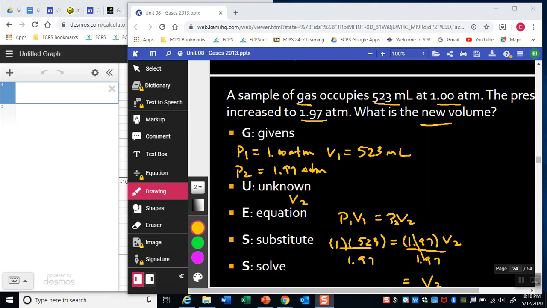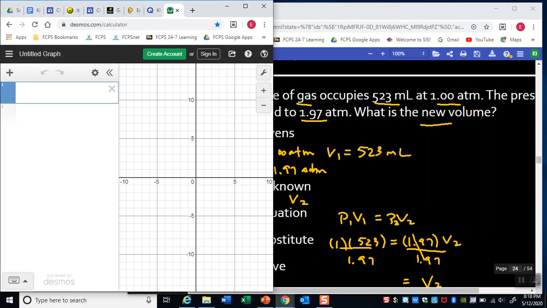All right, so I'm going to type this in here. I've got 523. I guess I could put the 1, but we know 1 times something is that something. So 1, and then I've got parentheses, 523, and then that is going to be divided by 1.97.